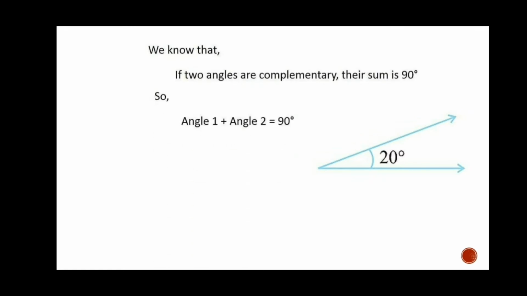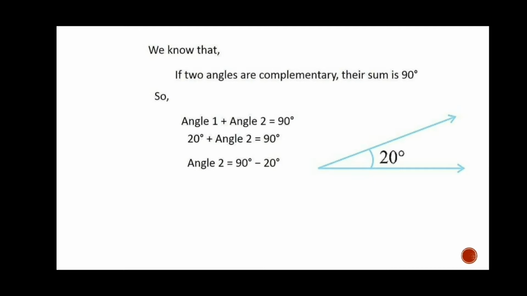So if angle 1 and angle 2, we add both these angles, we will get the sum 90 degree, where one angle is already given to us, that is 20 degree. So we will place the value in place of angle 1. So 20 degree plus angle 2 will be equal to 90 degree.